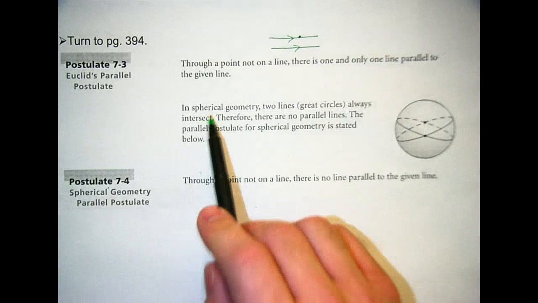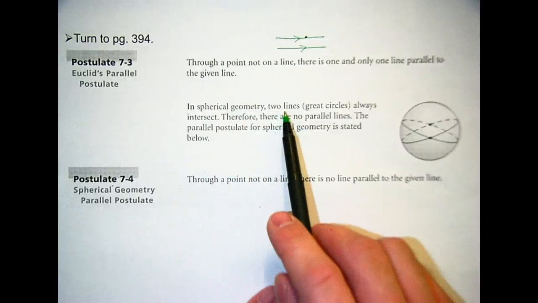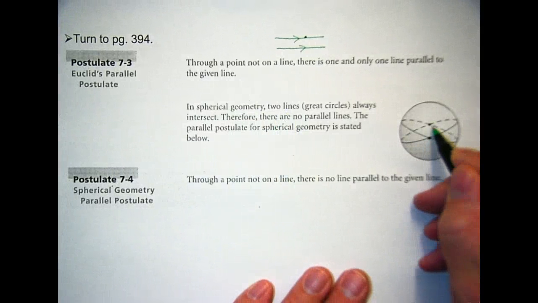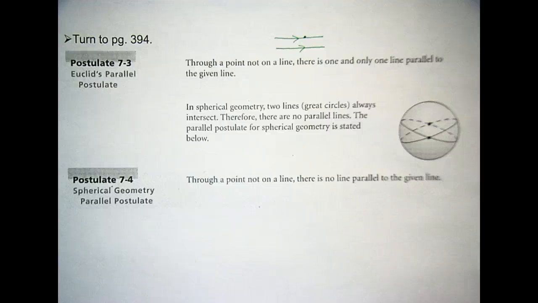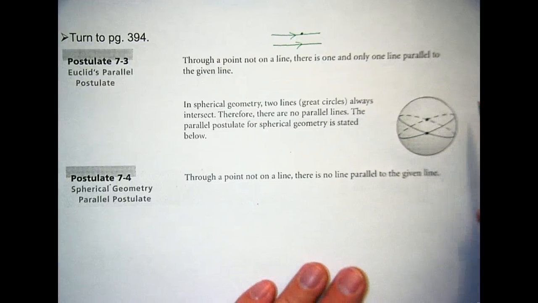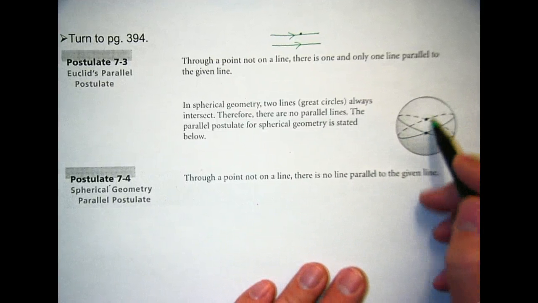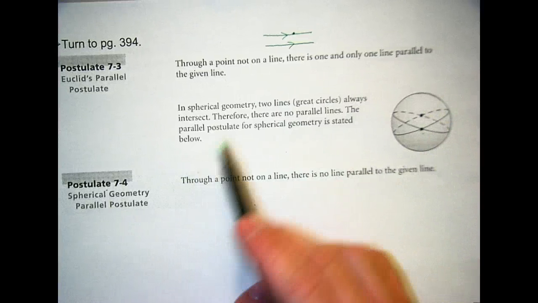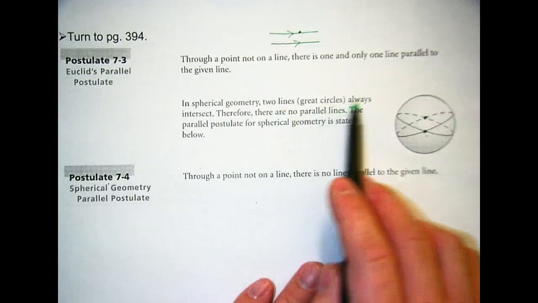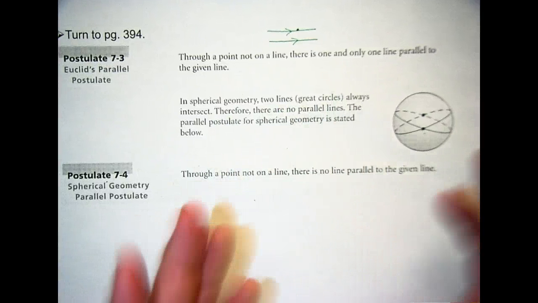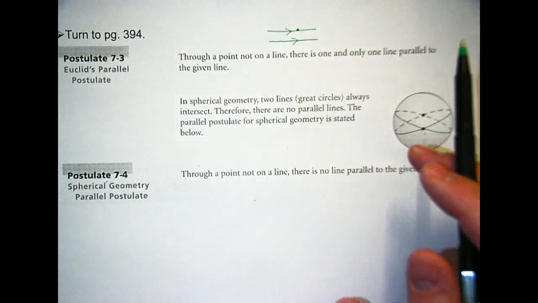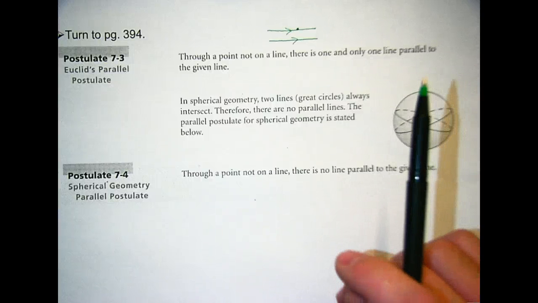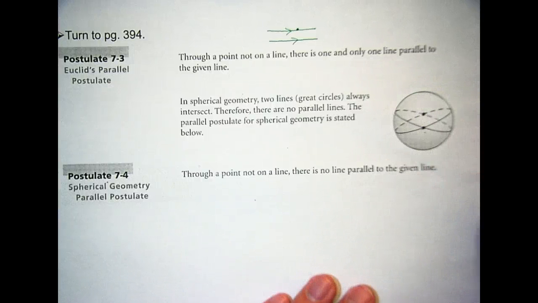In spherical geometry, however, two lines will always intersect. If we define a line as a great circle, two lines are always going to intersect in two places. Therefore, there are no parallel lines. There's no such thing as a parallel line in spherical geometry. They will always intersect.